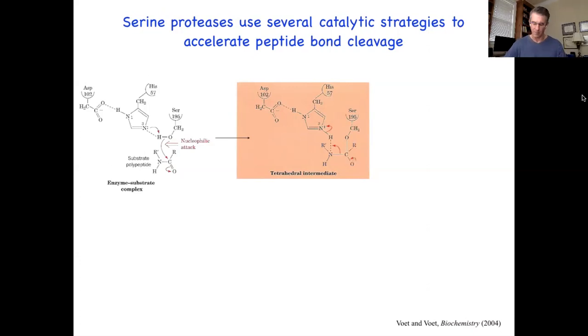This would pop right back off, and you've done absolutely nothing, right? So the driving force in the absence of another sink for those electrons is just to reverse this and just spit the peptide back out. That's what you don't want to have happen. But to get these electrons to go where you want them to go, you've got to create this opportunity through this covalent tetrahedral intermediate. That's what that covalent catalysis is going to give you.